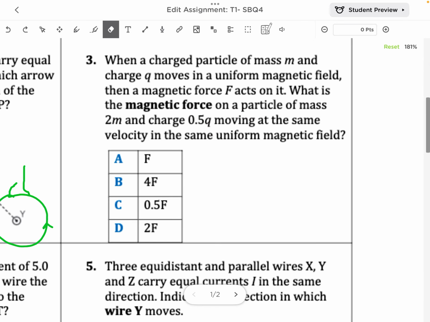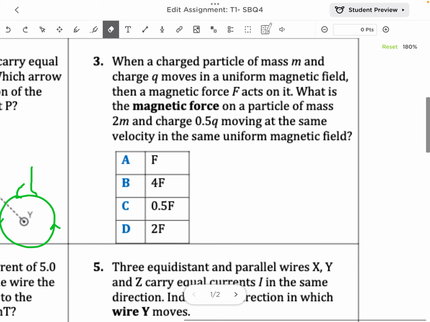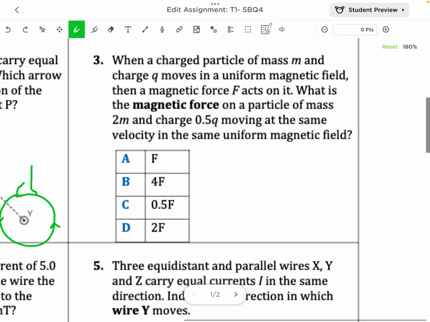When a charged particle of mass m and a charge q moves in a uniform magnetic field, then a magnetic force F acts on it. What is the magnetic force on the particle if the mass is 2m and the charge is 0.5q? So we have a charged particle moving.